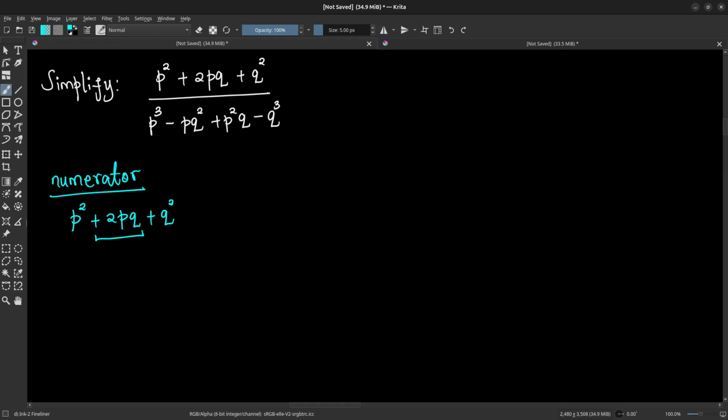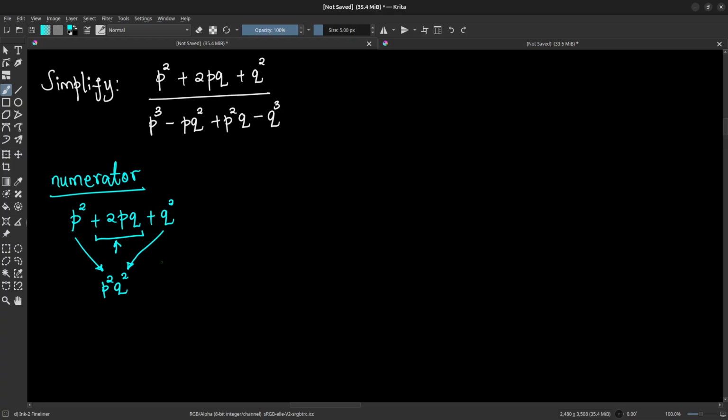We need to express it in two factors, and the two factors will be such that when they are multiplied, we get p squared q squared, and when those two factors are added together, we should get this middle term, 2pq.